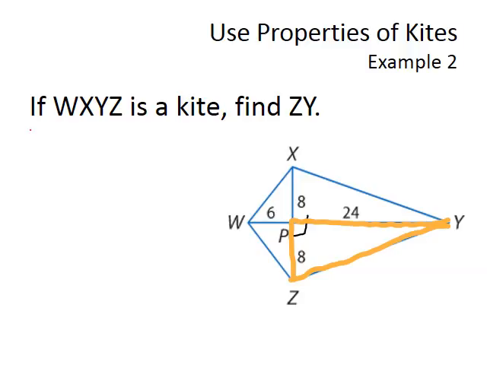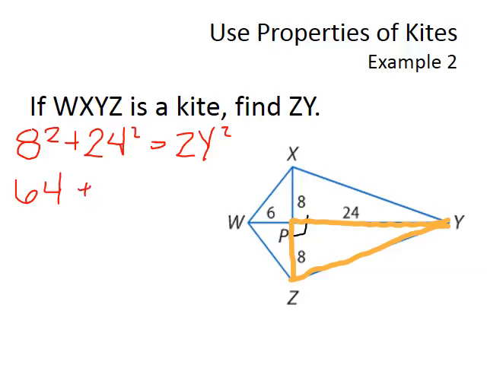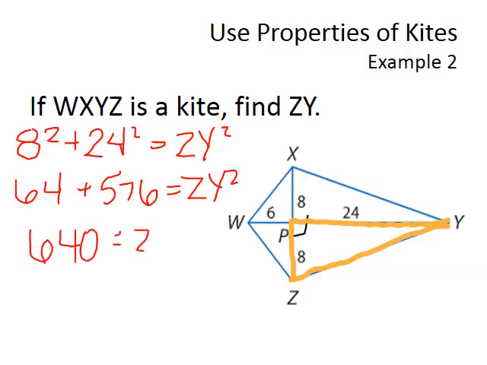But in this case, 8 and 24 are not part of a Pythagorean triple, so we've got to just plug into Pythagorean theorem. 8 squared plus 24 squared is going to equal ZY, our missing side, squared. So 64 plus 576 equals ZY squared. Let's add up our like terms. 64 plus 576 gives us 640.